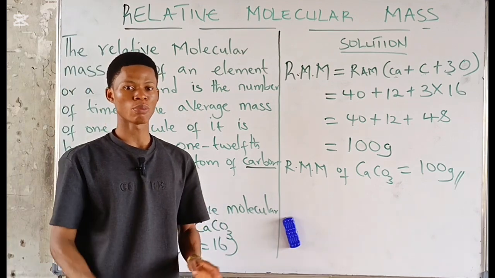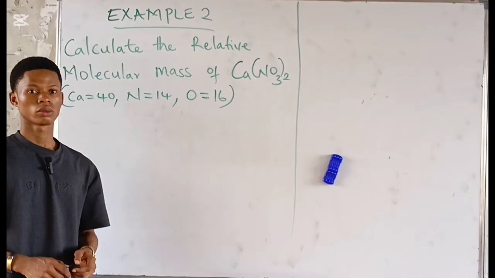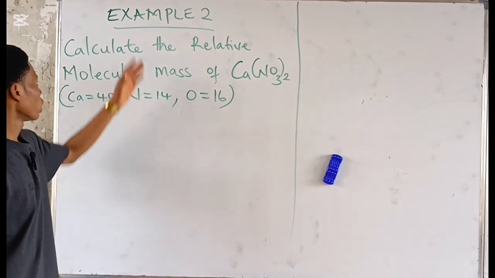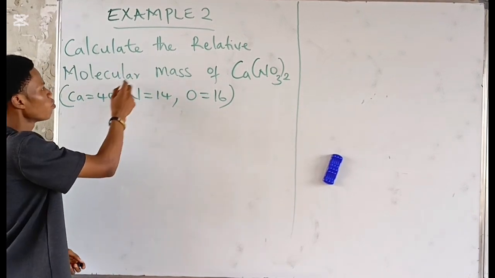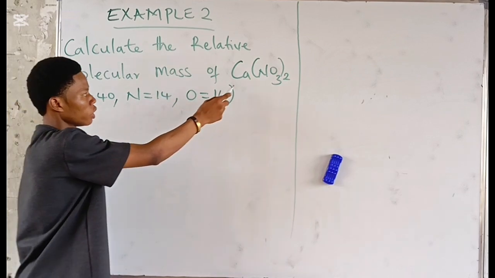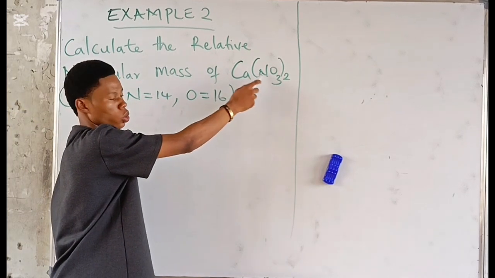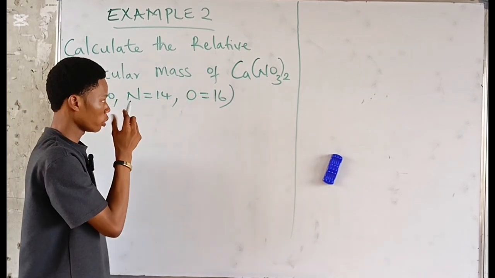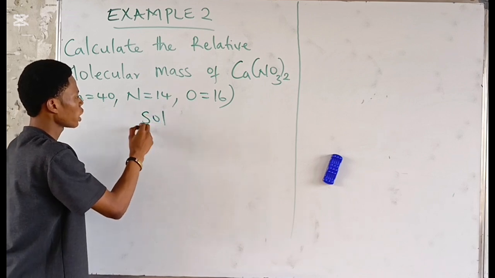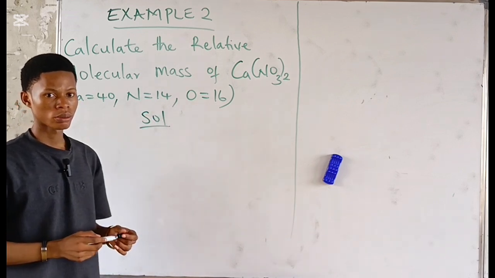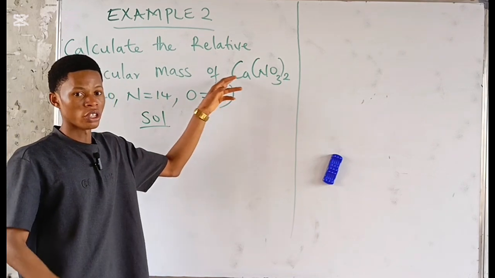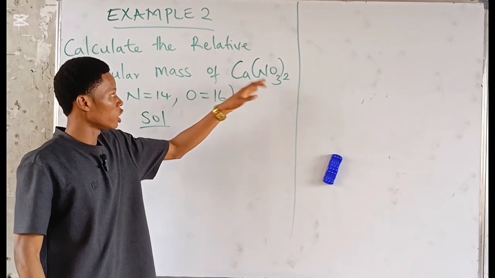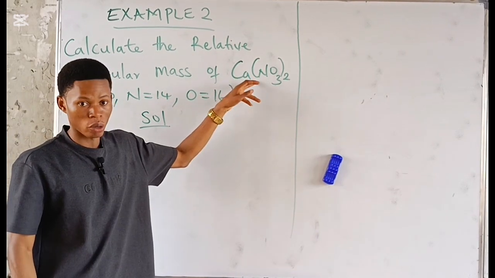Let's consider another example under this. All right, let's look at the second example. In the second example, we're asked to calculate the relative molecular mass of this calcium trioxonitrate. Now, if you look at this very well, just like in the first example we did, the relative molecular mass is actually the sum of the relative atomic masses of the individual elements in this compound.